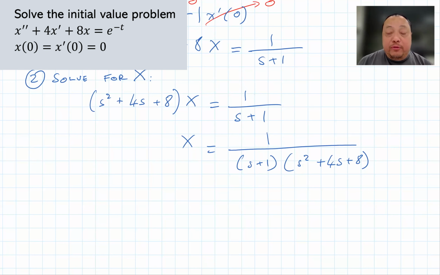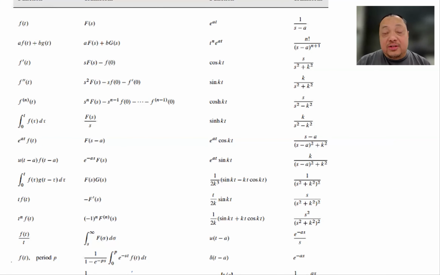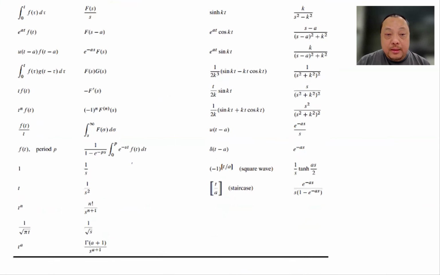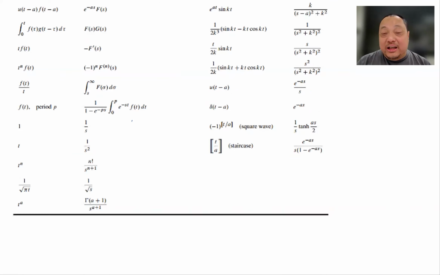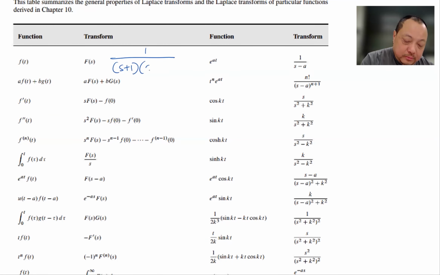All right, steps 3 and 4 combined together is to take the inverse Laplace of X. But if you look at the table of Laplace transforms, you don't see anything that looks like the expression that we have. Nothing in this table looks like it.